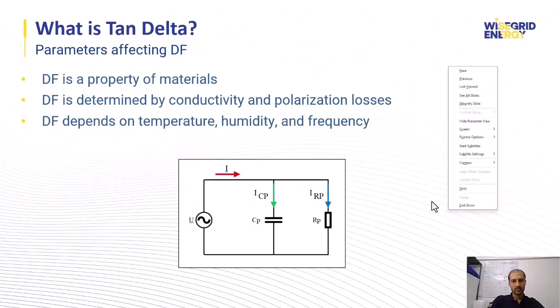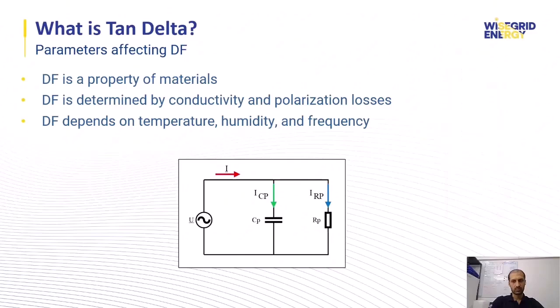Second, we model the insulation using a parallel resistor with a capacitor. But where does this loss actually come from? Let me talk about it more. So there are two main sources for this loss.